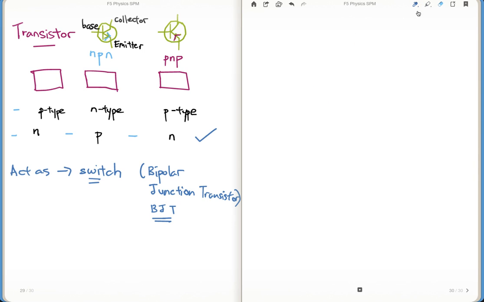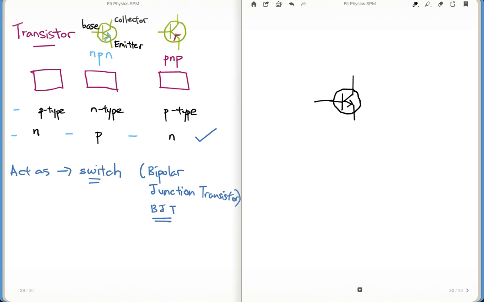I'll use black. We start with a transistor, and the arrow points out so that it's NPN.